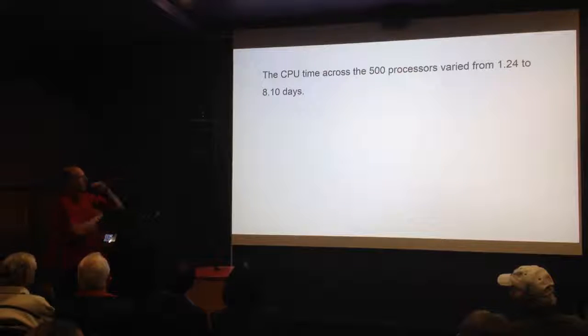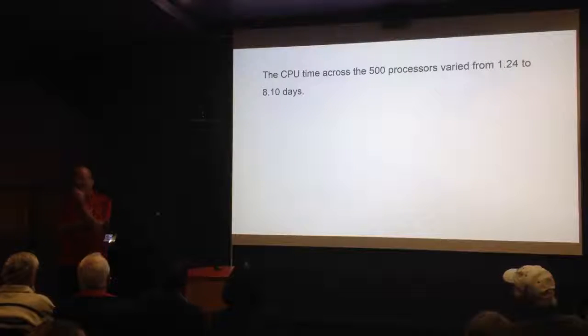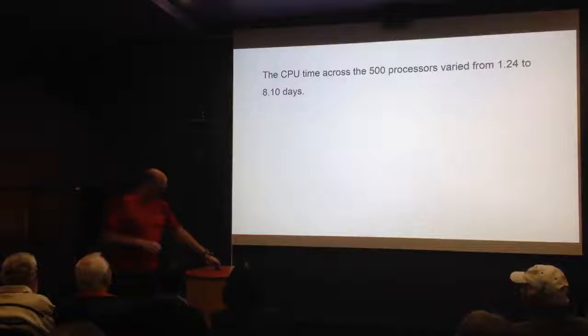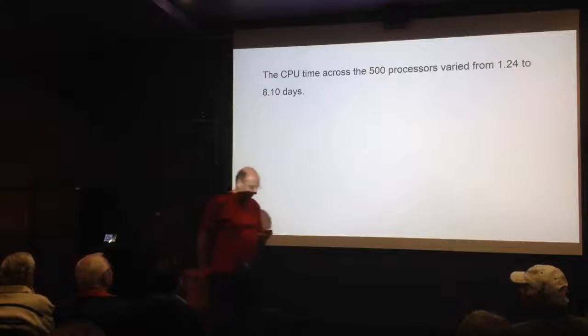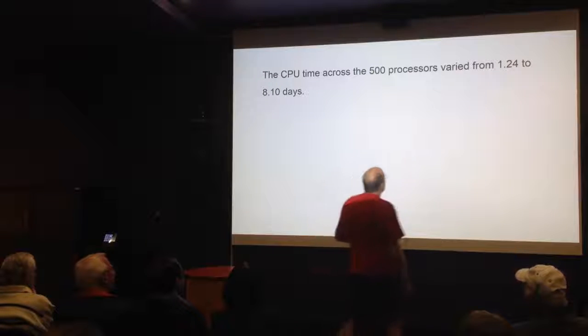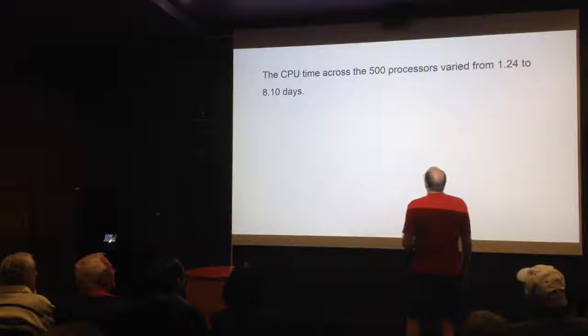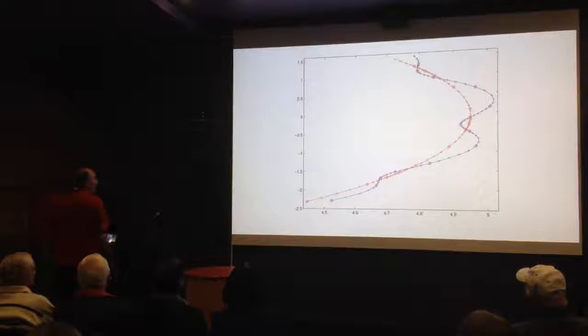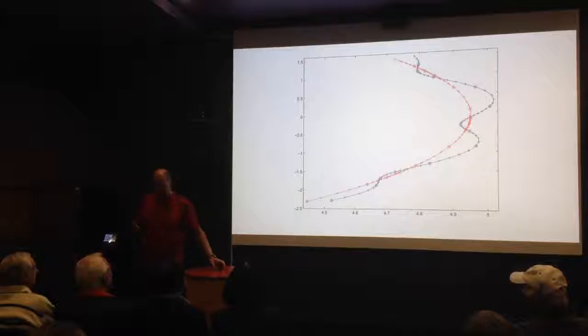I was very surprised to see over a factor of 6 difference in the CPU. That completely threw me. I spent a week trying to work out why. I didn't want to repeat the simulation, so it made it a bit tricky. And what I found is, at least for 4 of these processes, we have the following situation.